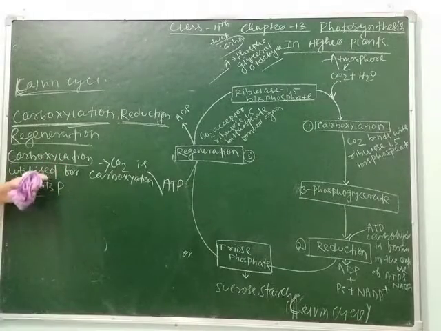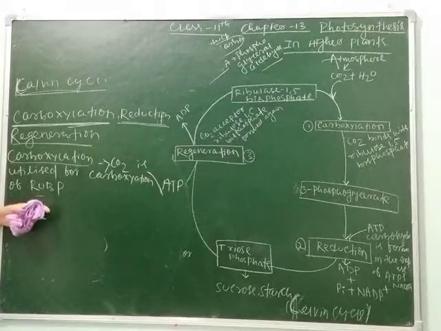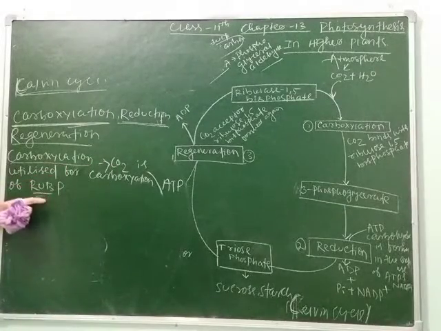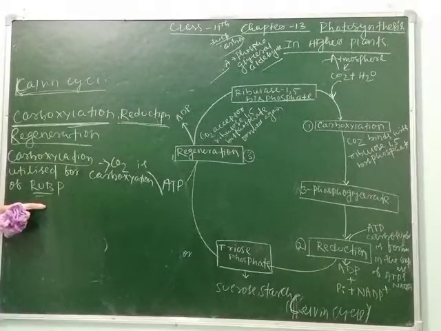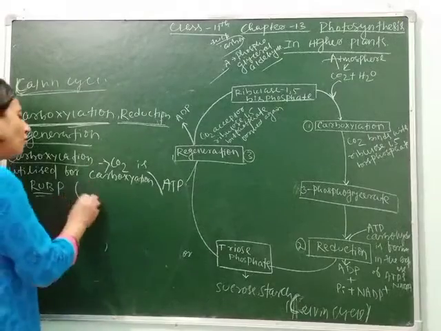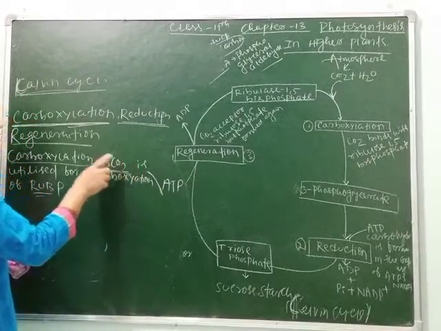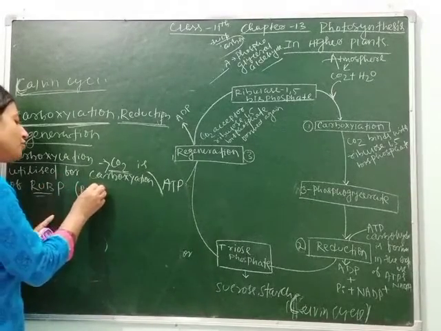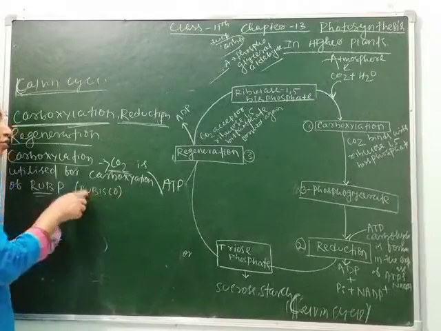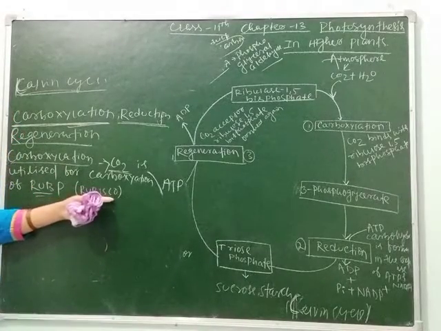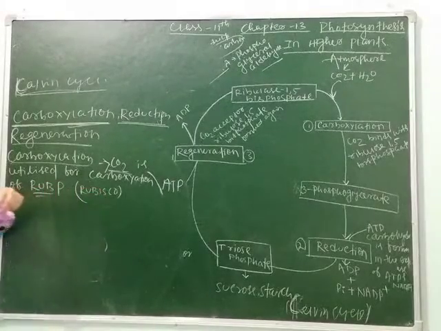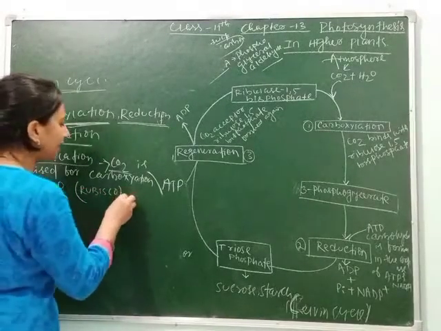So carbon dioxide is added to RuBP. Clear? So how does this process occur? This reaction is catalyzed by the enzyme Rubisco. While carbon dioxide is utilized by RuBP, the enzyme involved is called Rubisco, ribulose bisphosphate carboxylase oxygenase. Clear, students? So this results in the formation of 2 molecules of 3-PGA.